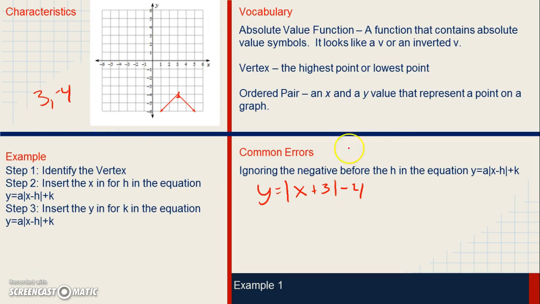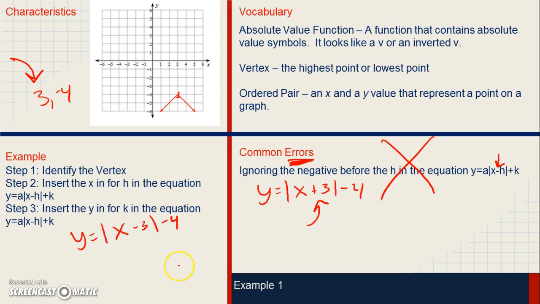That is wrong. Common error. Don't make this a positive 3 just because that's a positive 3. What you need to do is make sure that you use the equation with the subtraction sign there to write it correctly as y equals the absolute value of x minus 3, minus 4.